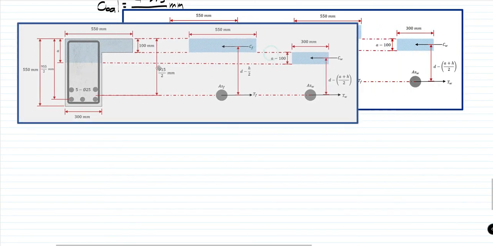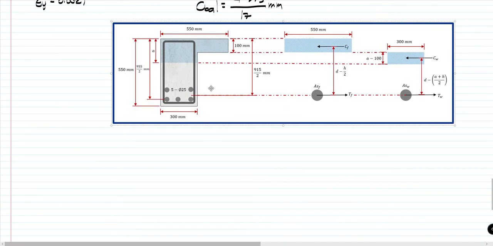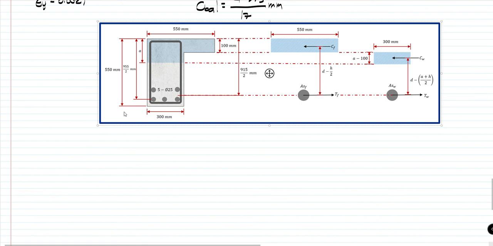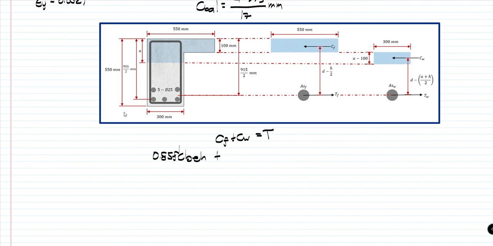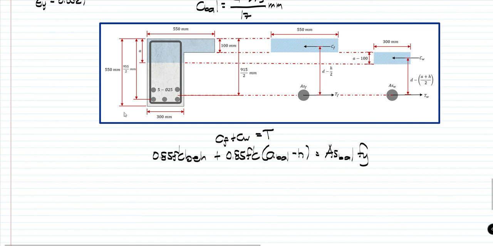Pero ang gagamitin natin dyan na A is balance na A. So, that will be CF plus CW is equal to T. Yung CF natin, that is 0.85 F prime C BEH plus we have here sa CW will be 0.85 F prime C A balance, syempre balance condition yung kailangan natin, minus H is equal to AS balance FY.